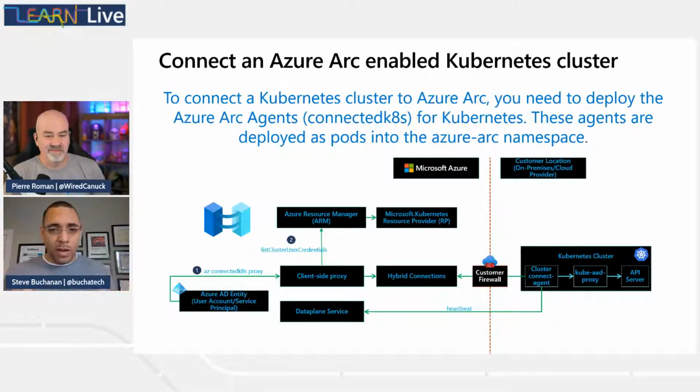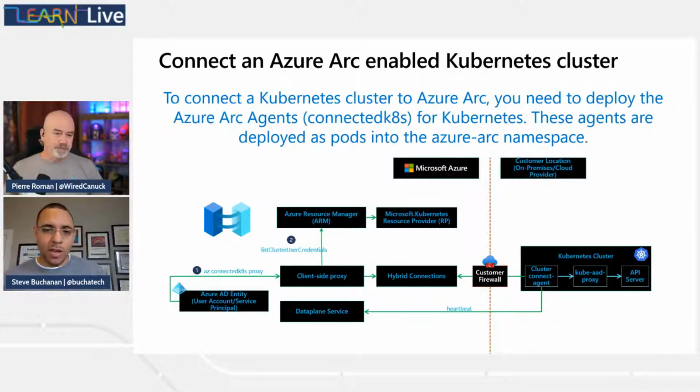The diagram here is showing at a high level that on the far right you'll see your projected Kubernetes cluster, and then your firewall as a customer, in between your on-prem and Azure.